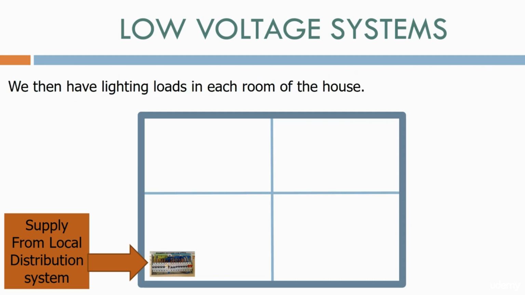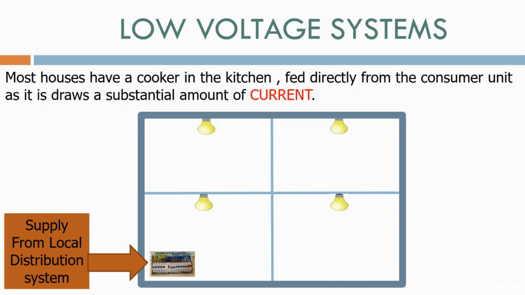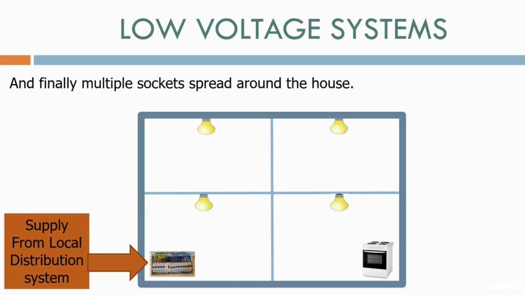We then have lighting loads in each room of the house. Most houses have a cooker in the kitchen, fed directly from the consumer unit, as it draws a substantial amount of current. And finally, multiple sockets spread around the house.